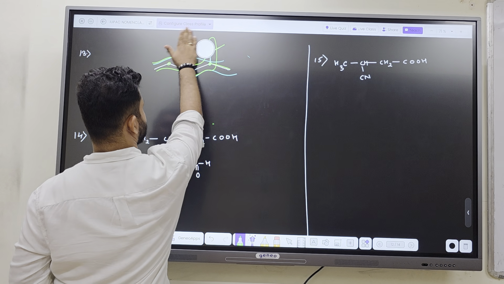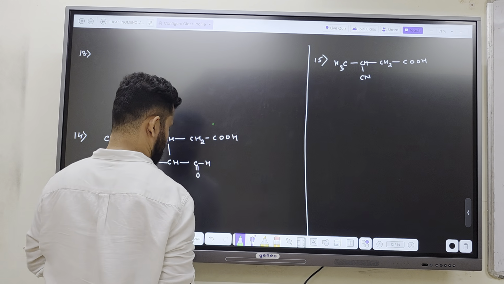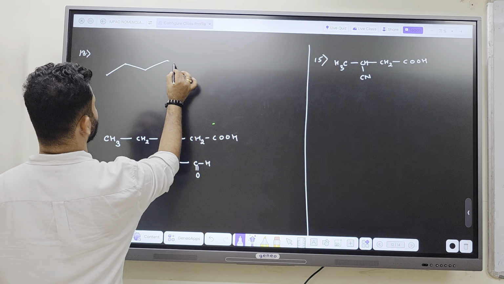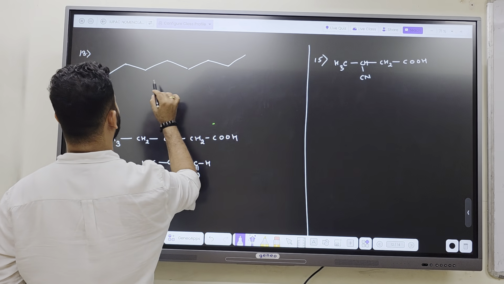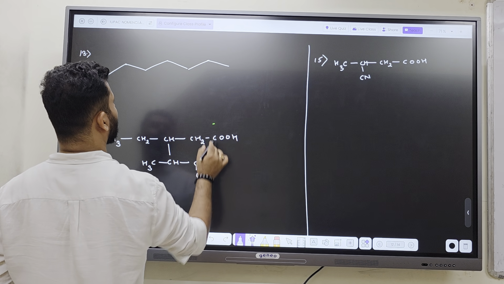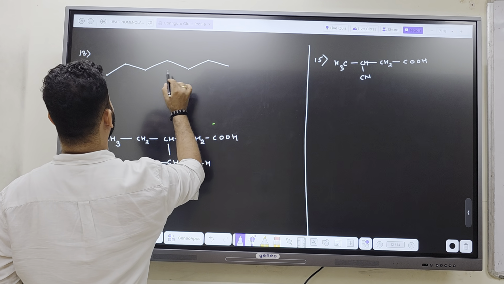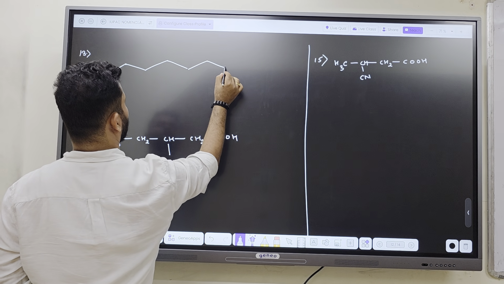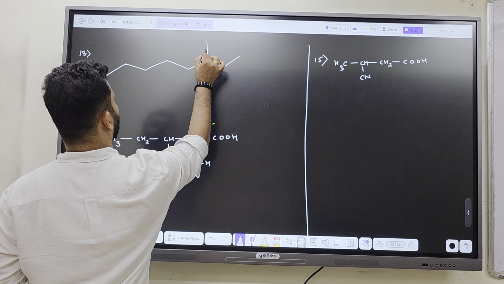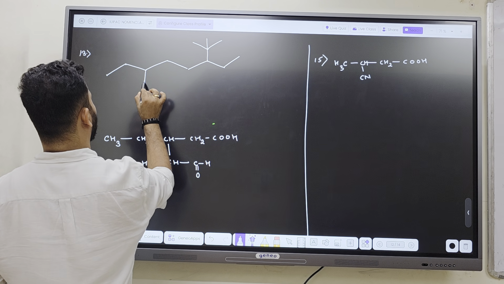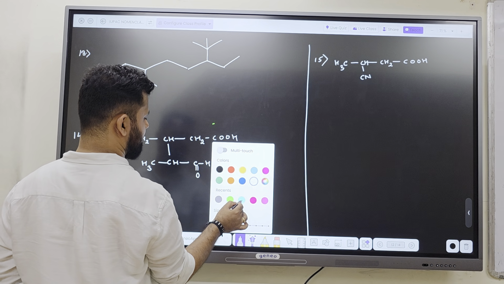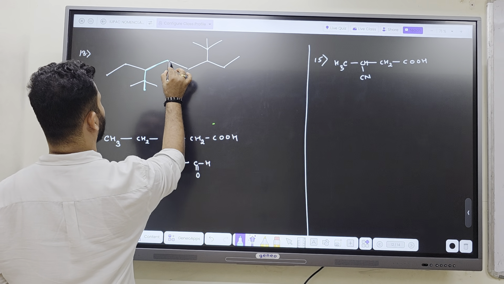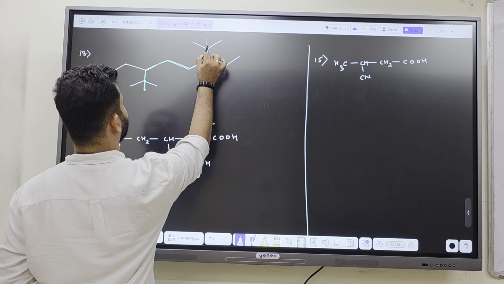Let me rewrite this. So the parent carbon chain would be 1, 2, 3, 4, 5, 6, 7 and 8.